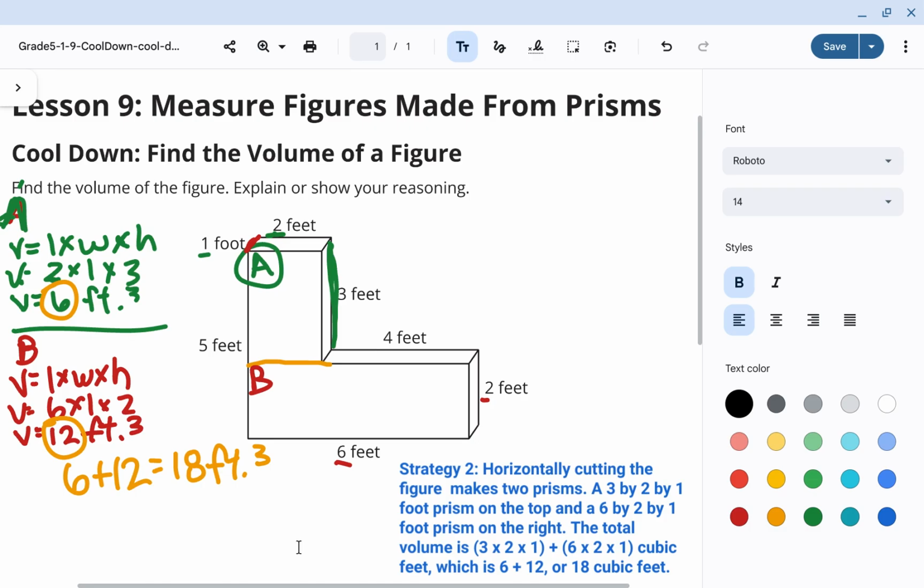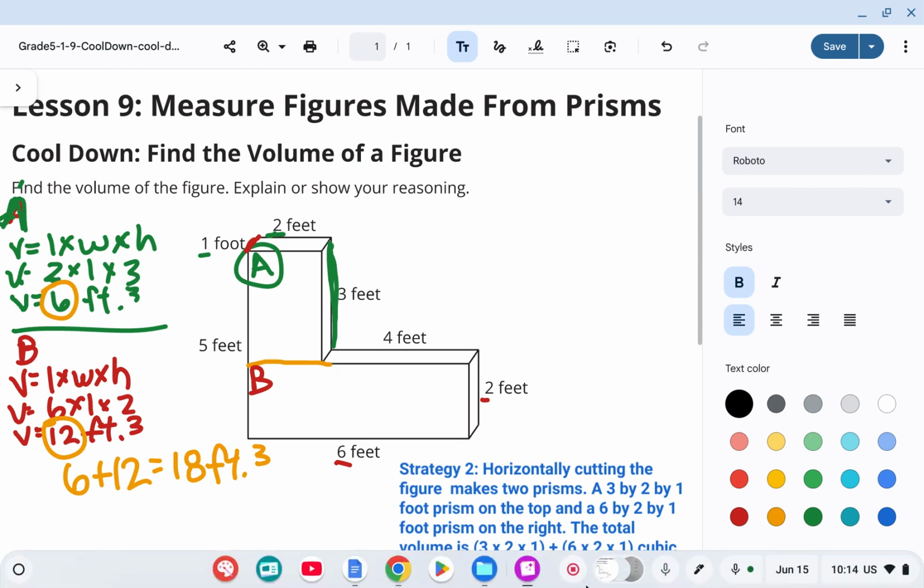The total volume is 3 times 2 times 1 plus 6 times 2 times 1 cubic feet, which is 6 plus 12 or 18 cubic feet. So that would be a good answer to really explain the reasoning for getting to 18 cubic feet if you were using the strategy of dividing it up horizontally. That completes our Lesson 9 cool down.